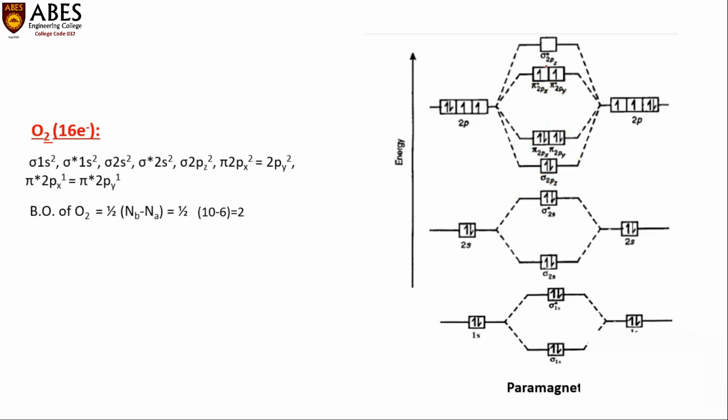So due to the presence of unpaired electrons, the oxygen molecule also shows paramagnetic behavior. And if we calculate its bond order, it is 2, due to the bonding electrons being 10 and anti-bonding electrons being 6.